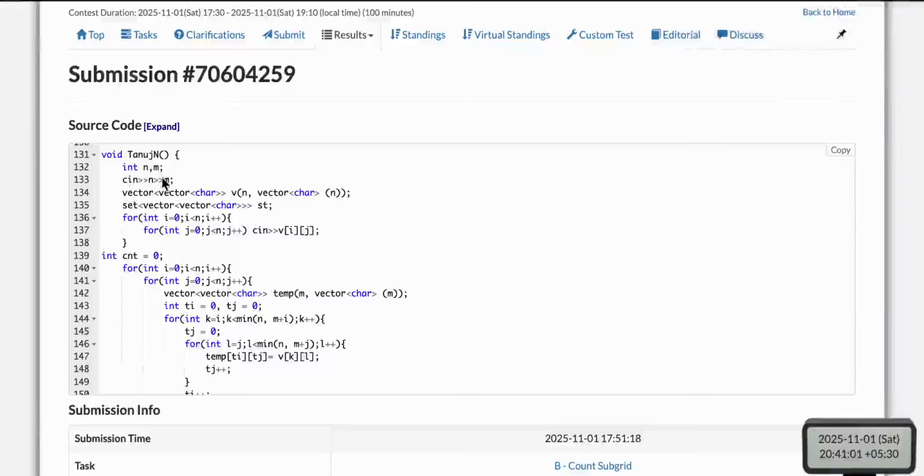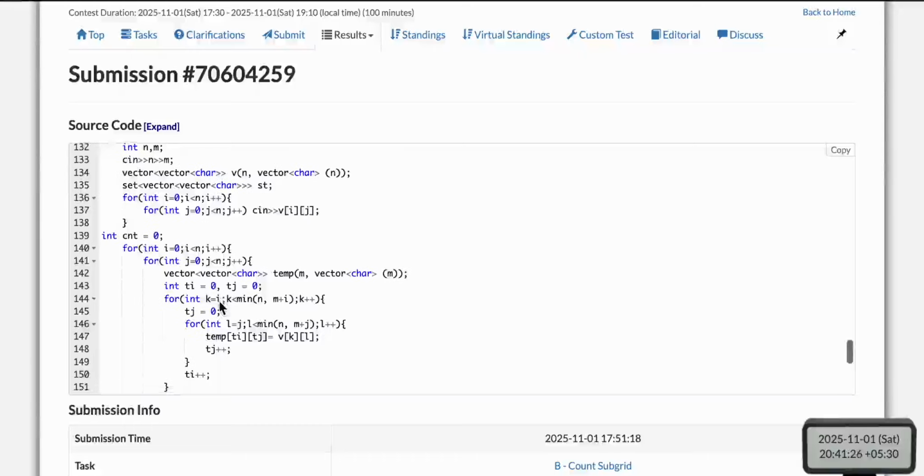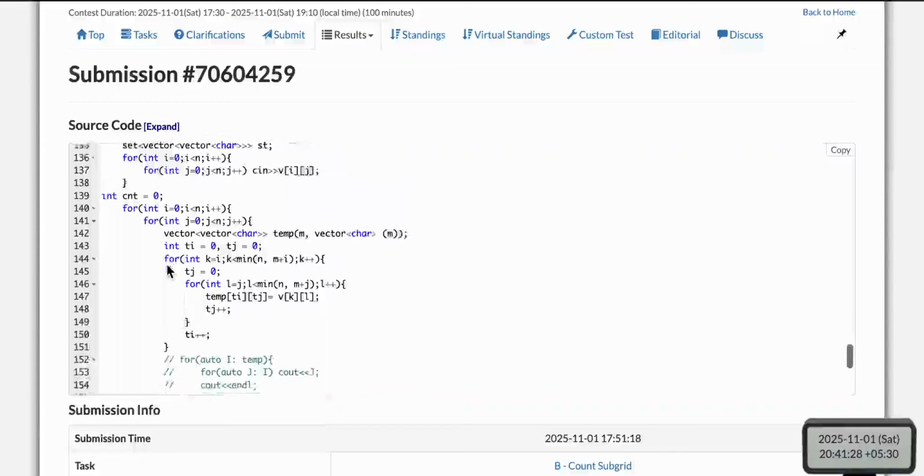I have taken n and m, and I have taken the input matrix. My approach is that I am finding all the subgrids of m by m size, and I am putting them in a set so that I get the distinct submatrices. It is a little heavy on the implementation side, but the approach is simple.